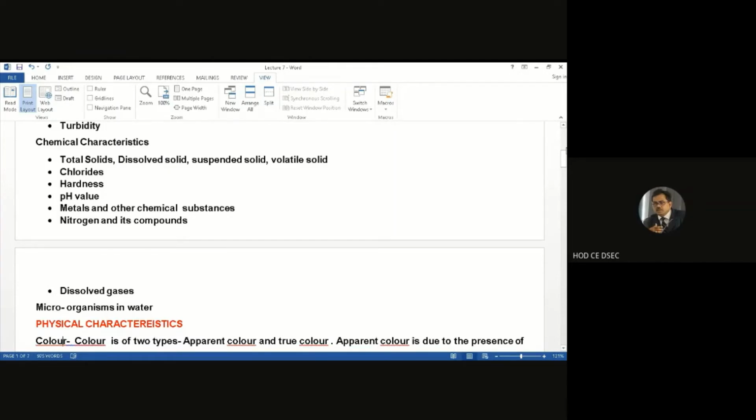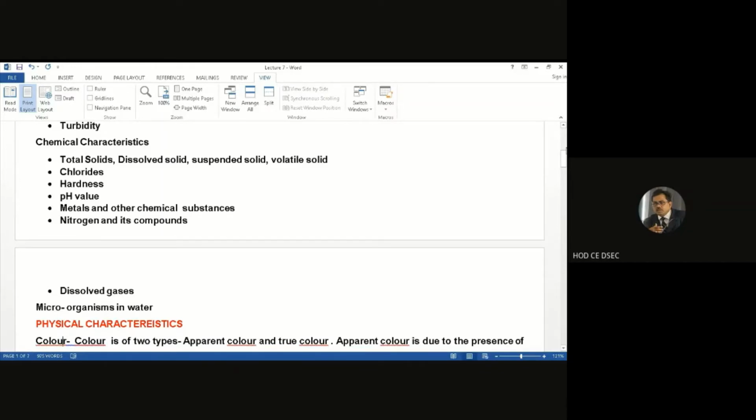That means the harder the water, the more resistant it is to making foam or lather with soap. So soap consumption automatically will be increased. Soap is the example. By the consumption of soap, we can judge whether the water is hard or not. Not only that, hardness of water will have an impact on scaling formation in the boiler, because in a boiler we are using water for producing steam.